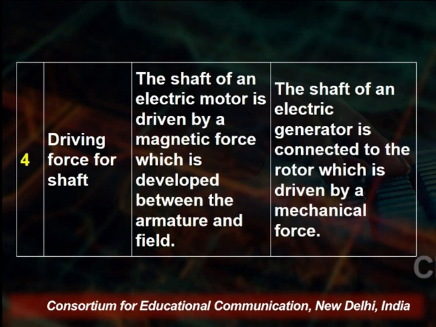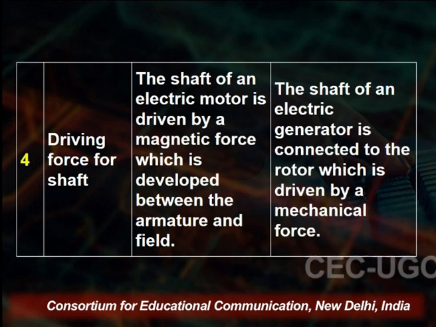The fourth difference is the driving force for the shaft. The shaft of an electric motor is driven by a magnetic force developed between the armature and the field, while in the generator the shaft is connected to the rotor, which is driven by mechanical force.